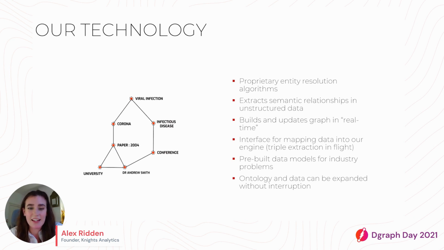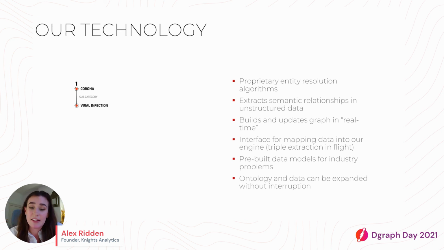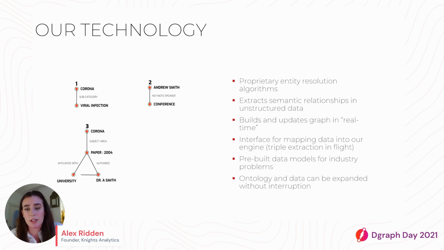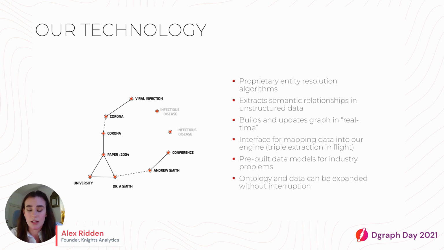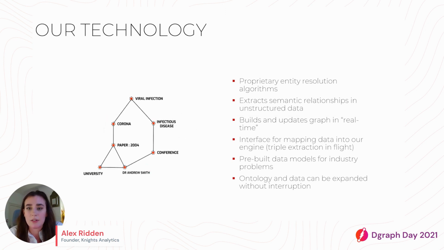We integrate mapping data into our engine with a kind of standardized interface, and we have a number of pre-built models for industry problems, so both in terms of extraction of the data and the mapping to an ontology. And of course we're able to expand that without interruption.